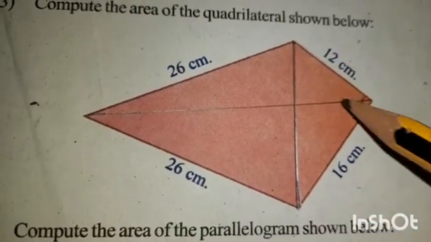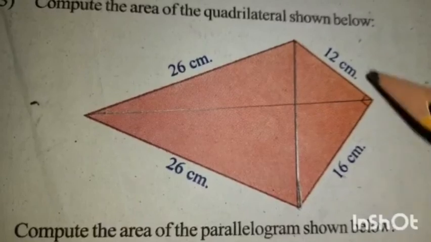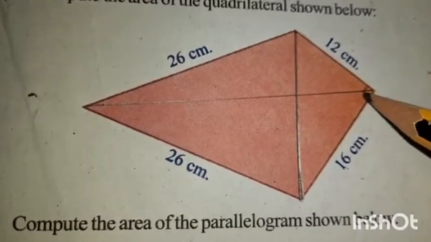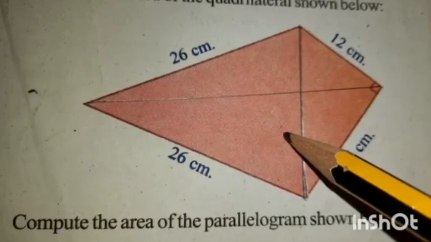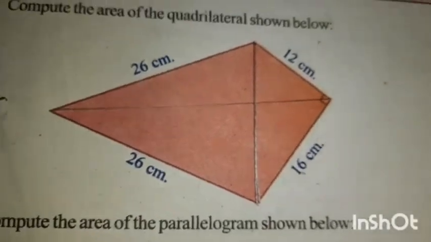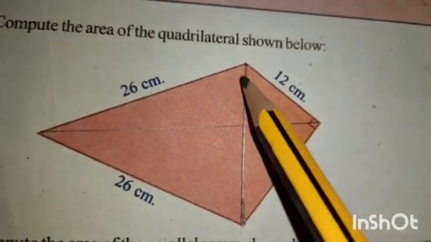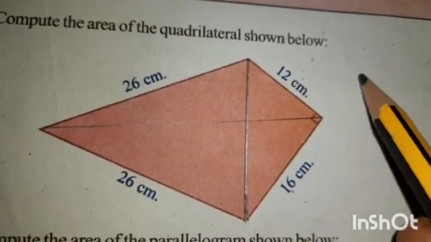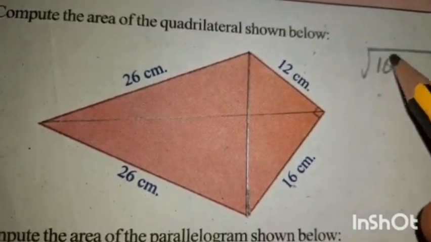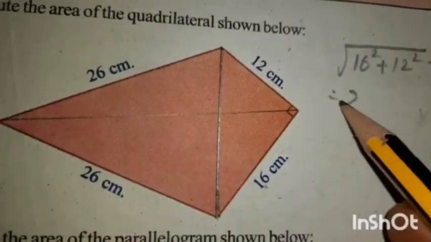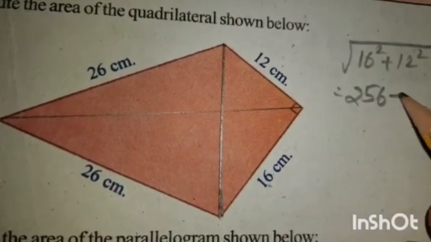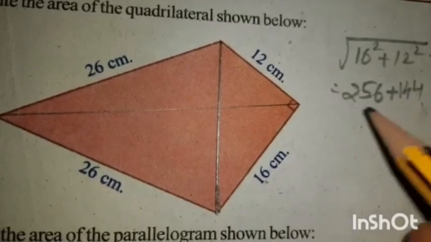If you consider this right angle triangle, 16 and 12 is given. You have to find out the hypotenuse. So how will you find out the hypotenuse? This length you have to calculate. So it is root of 16 square plus 12 square. 16 square is 256 plus 144.